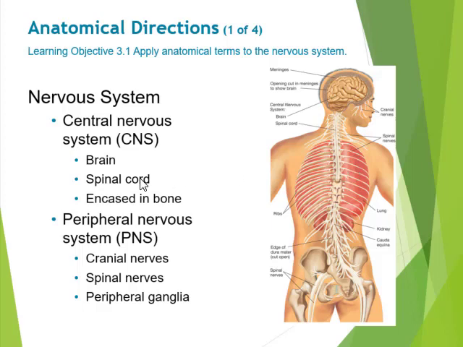So basically, the central nervous system is encased in bone. We have the skull around the brain. We have the spinal column, the bone that surrounds the spinal cord, which is the bundle of nerves. The cranial nerves are different.